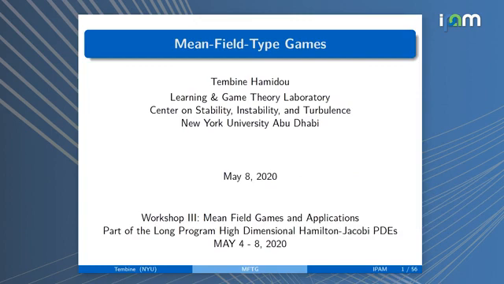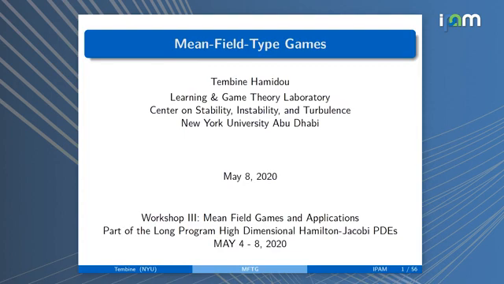I'm going to talk about mean field type games, which is a variation of the idea of the dependence of the cost functions on the distribution of agents, or distribution of states of individual agents.